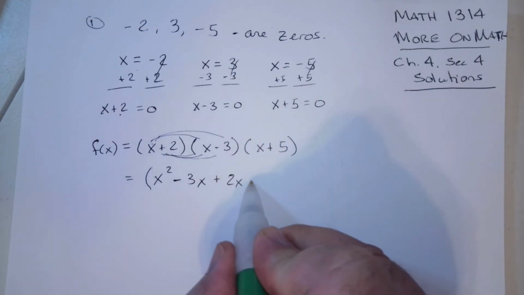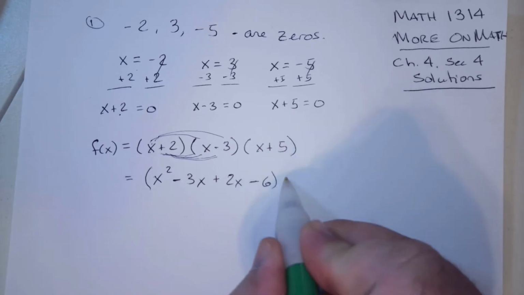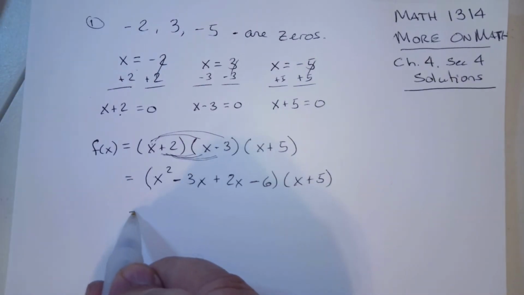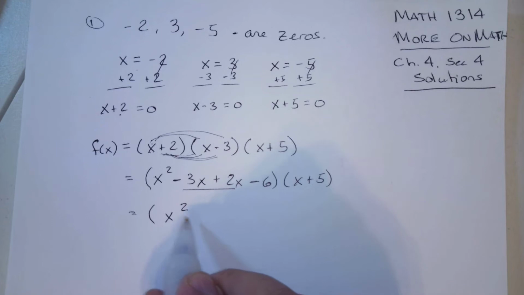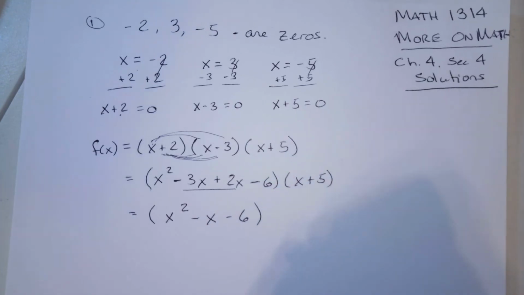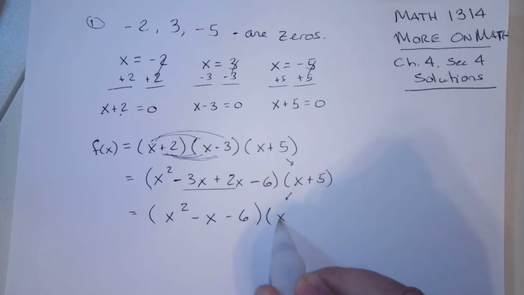Positive times negative is negative, 2 times 3 is 6. And bring down the one we didn't use. Combine like terms. We have x squared, -3 plus 2 is -1, and then bring down the one we didn't use.